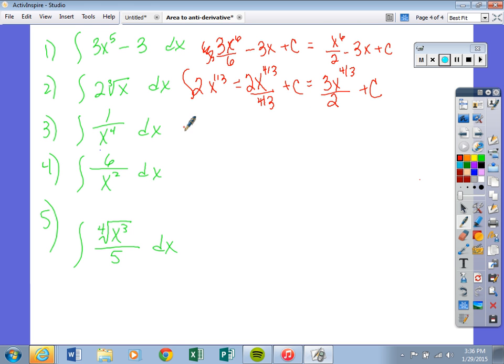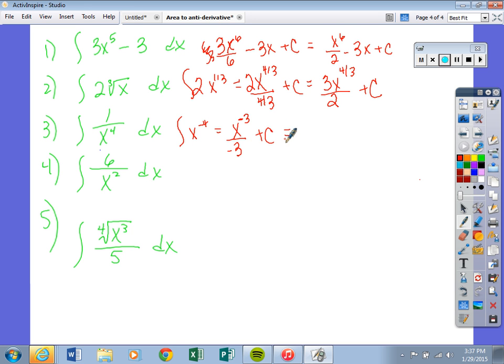Okay, this is another one you want to rewrite because it's in the denominator, and that's not a great thing. So the first thing I'll do is rewrite this as x to the -4th. So I've taken it out of the denominator, and now I can power rule it. So the antiderivative power rule is going to be adding 1 to this, which makes it a -3, over that same number of -3, and then plus c.